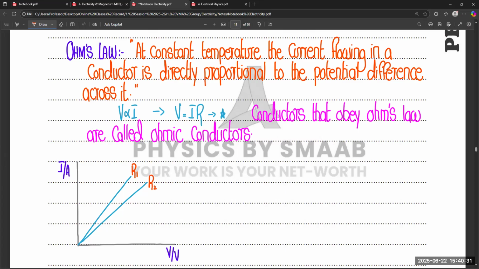And you can see in both the resistors, or both wires, we have a straight line. It means in both cases the voltage and current are directly proportional to each other.